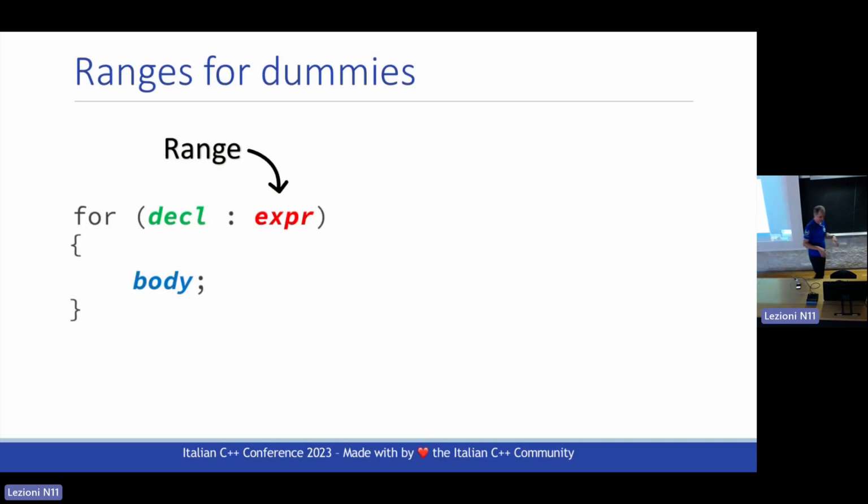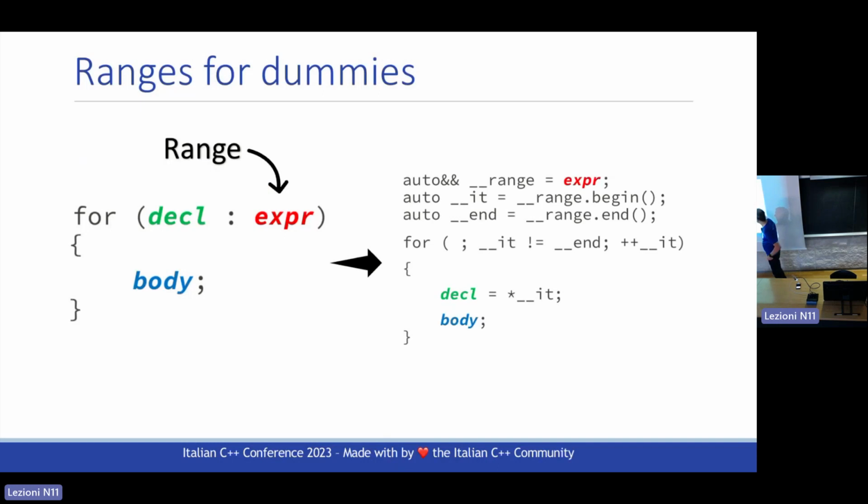More or less. Okay. Just to give some more details, let's explode. You know that this syntax here is actually syntactic sugar for something else. I hope that you can read it. You just evaluate the expression and assign it to a variable. Then you call begin and end on this variable. I wrote the member begin and end.